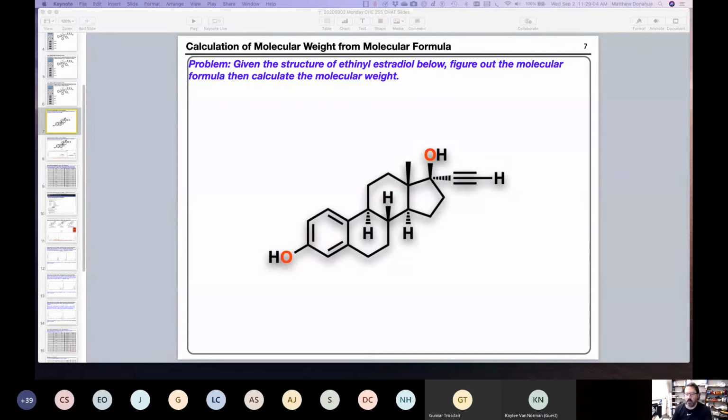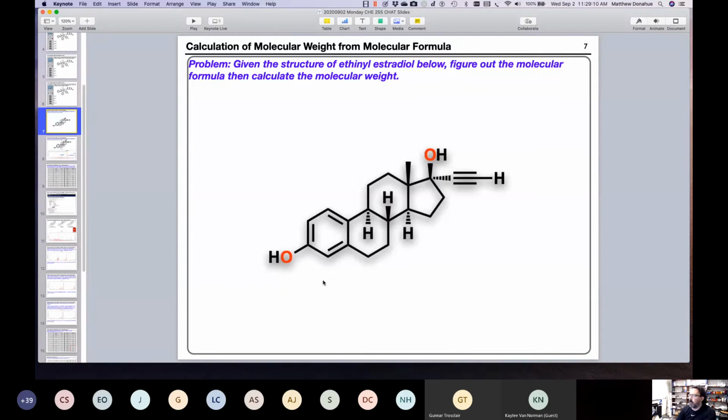You've done this by visual inspection; the mass spectrometer just gives you the data. So can I point out the carbons? 1, 2, 3, 4, 5, 6, 7, 8, 9, 10, 11, 12, 13, 14, 15, 16, 17, 18, 19, and 20.